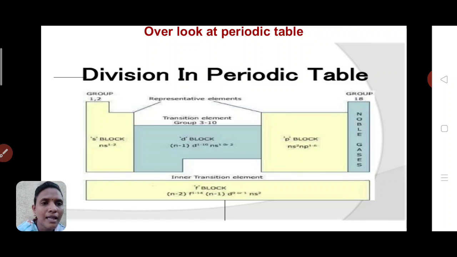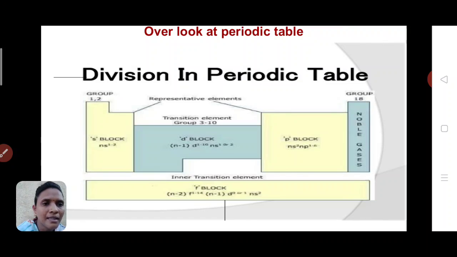Now see the positions of all the elements according to the different blocks in the periodic table. See, the yellow color represents S block elements. So S block elements are present in groups 1 and 2. Again the yellow color represents P block elements.